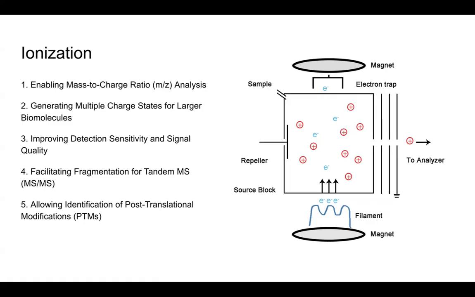peptides and proteins. Okay. The third is its ability to improve detection sensitivity and signal quality. So efficient ionization enhances the sensitivity of mass spectrometers kasi more ions lead to stronger signals. So this enables the detection of low abundance proteins.